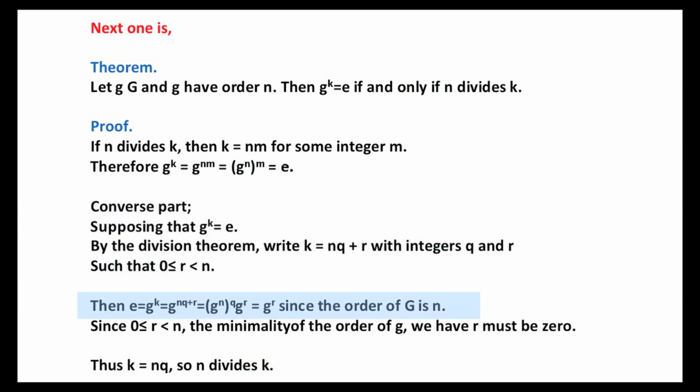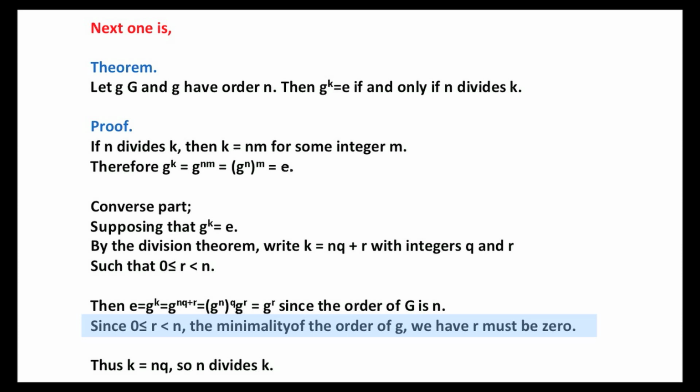Then e is equivalent to g to the power k, which is equivalent to g to the power nq plus r, which is equivalent to g to the power n the whole power q times g to the power r, which is equivalent to g to the power r, since the order of g is n.